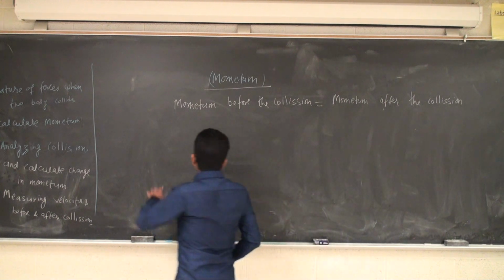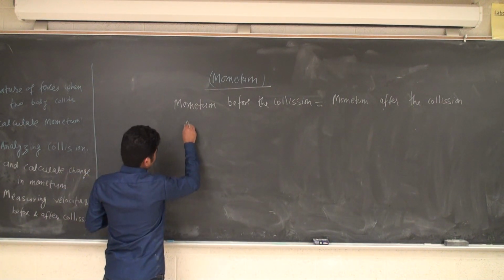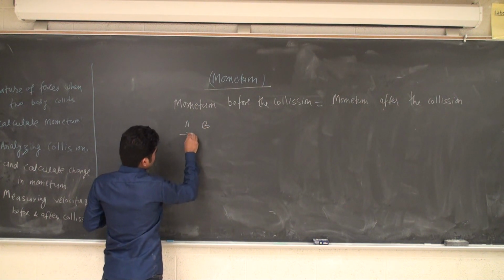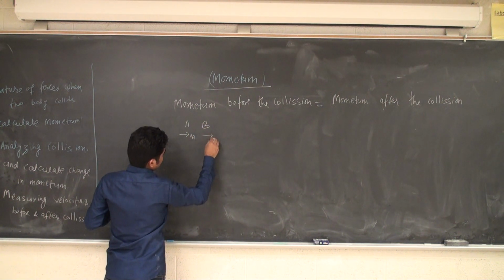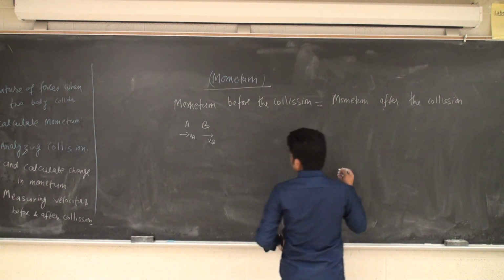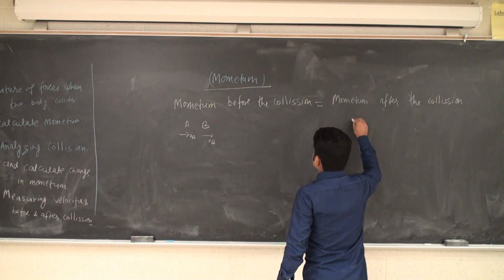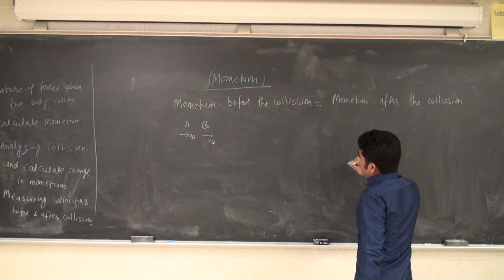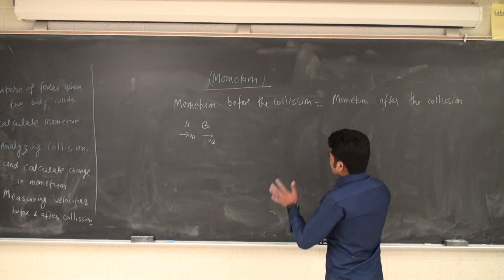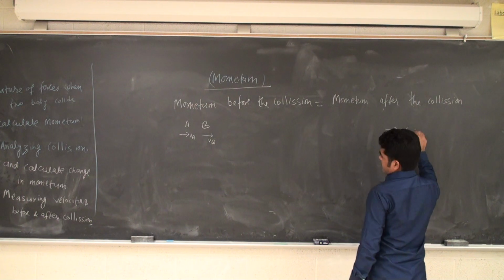Let's say there are two objects, objects A and B. They are moving with velocities VA and VB before the collision. After the collision, let's say they stick together and move with the final velocity V in the right direction.